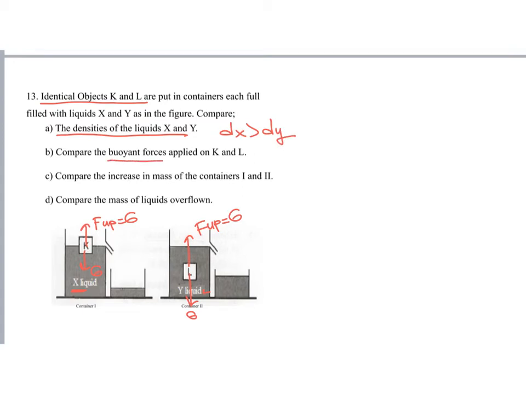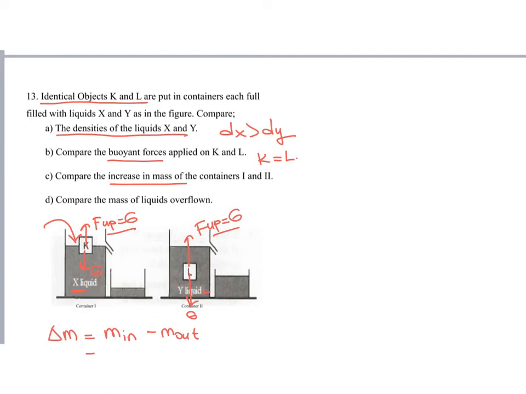We're going to compare the buoyant forces. You see that they are equal. Increase in mass of the container: the change, or the increase in mass, is equal to the mass in minus the mass out.